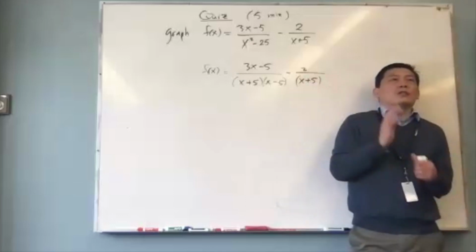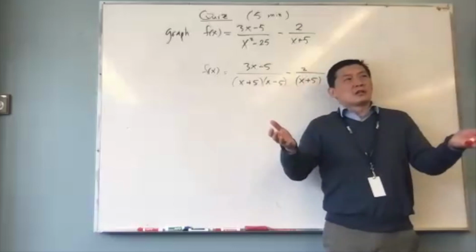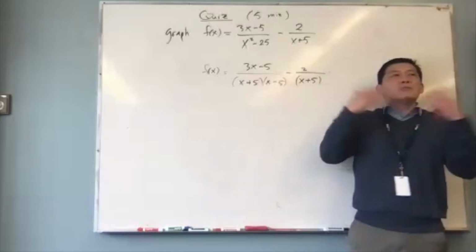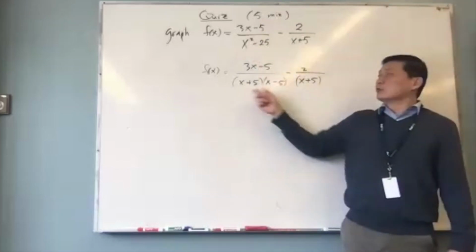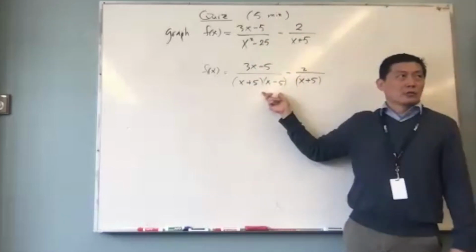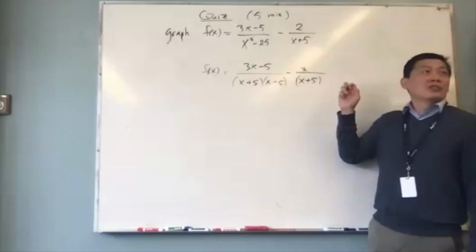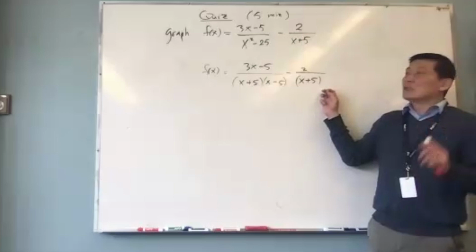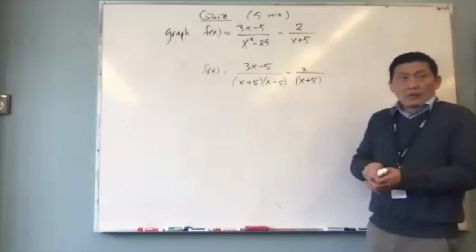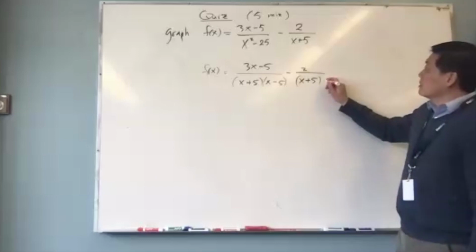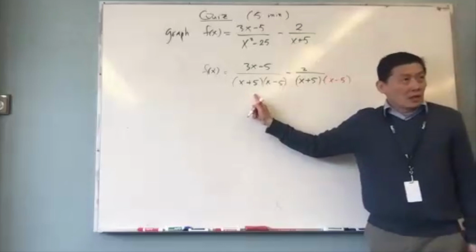Then you look at this and say, okay, what is this going to lead me to think? I had made this into two factors, but then I want to find a common denominator. I notice that the second fraction is merely a missing part of this one, right? So common denominator just simply means I need to multiply this one by x minus 5, and I will have a common denominator.